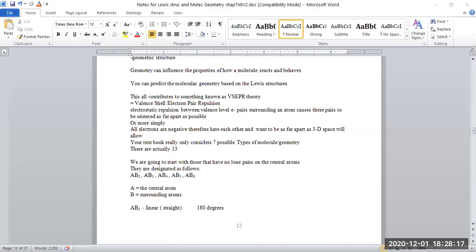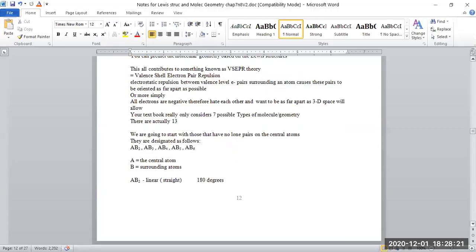So let me talk about just 1 or 2 of these in terms of how they look when we're drawing them out. Here are some generalities. I like to use, and many, but not all, textbooks like to use capital letter A as the one in the middle.